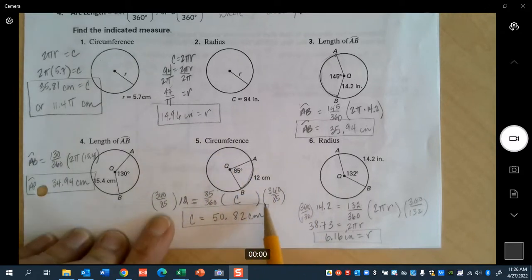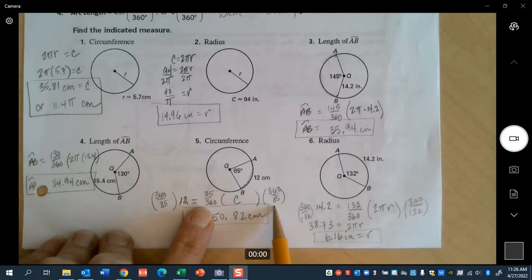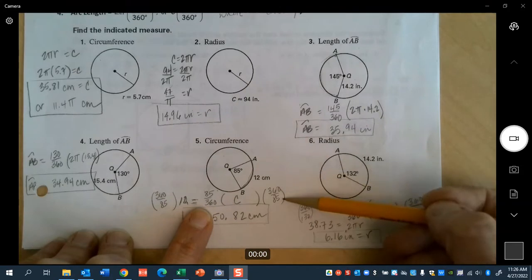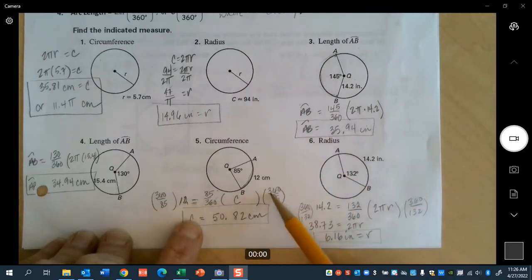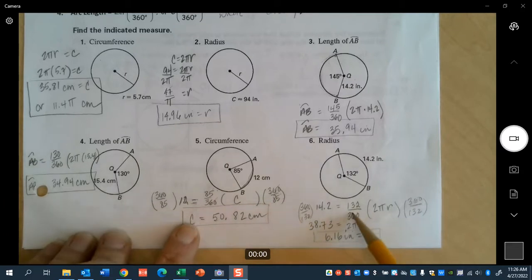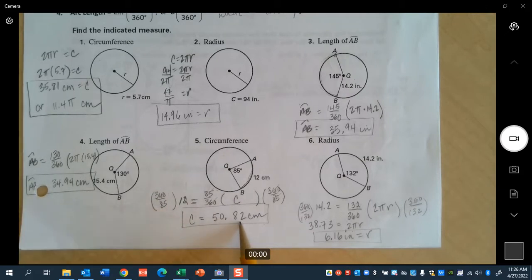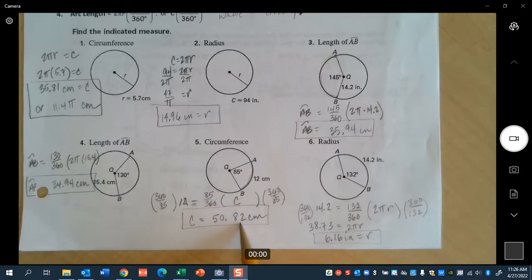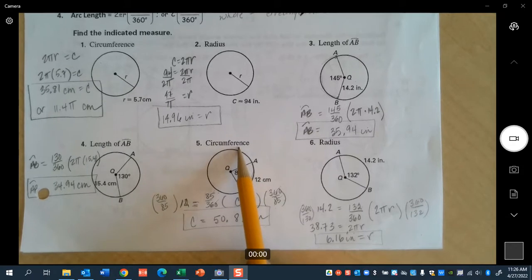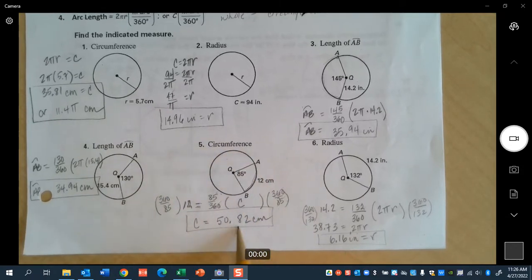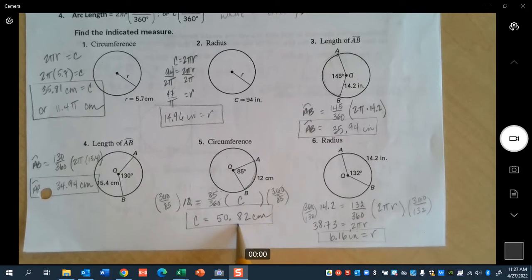So then all I'm going to do here is multiply by the reciprocal. If it's 85 over 360 times my c, if I multiply each side by this reciprocal, this 360 and this 85 cancel out. So I get 12 times 360 divided by 85. Now I don't have to go any further and find my radius because here they just wanted the circumference. So I know the distance around my circle is going to be 50.82 centimeters.